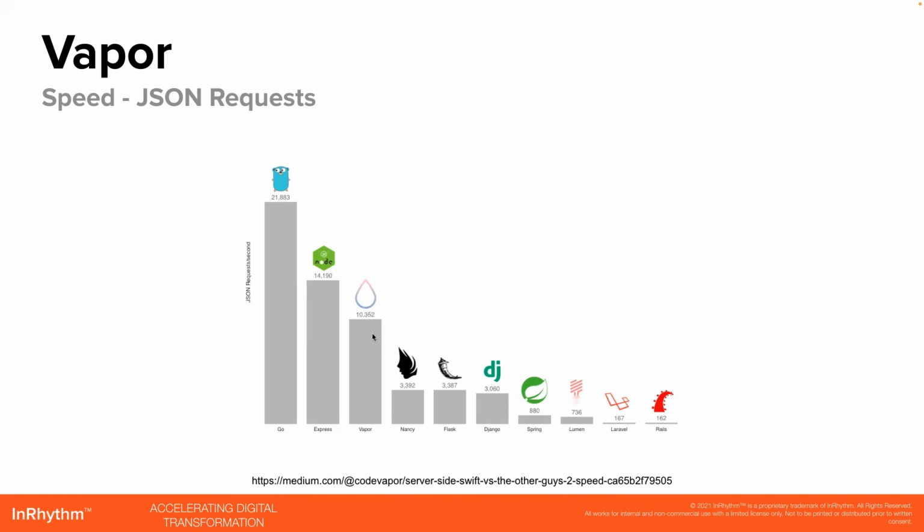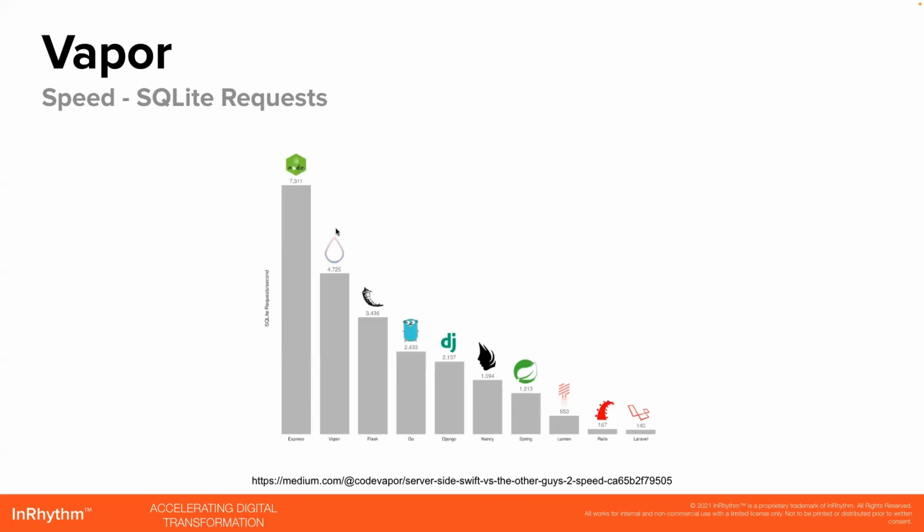So Vapor takes third place here, still super fast. And then in terms of SQLite requests, so actually querying a database, Vapor comes in second, again, after Express and Node. So some really great metrics. As you can see, in all 3 categories, there are of course more categories that should be considered, but Vapor is extremely fast in all categories.